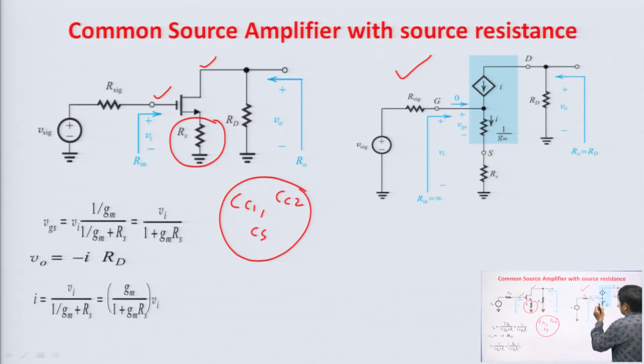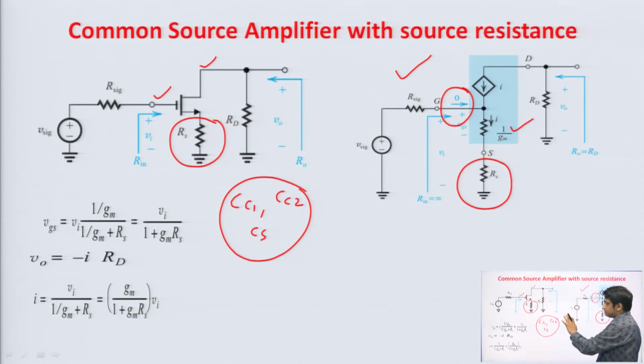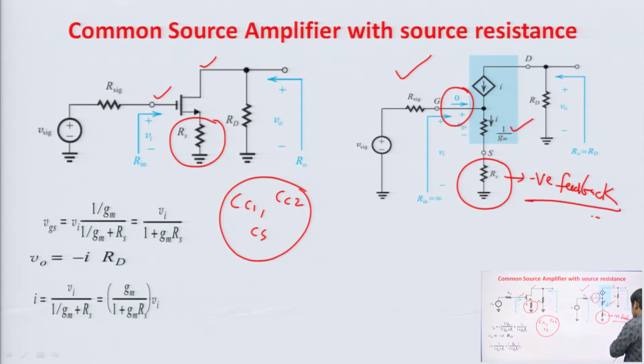Now, you can see that this gate current is 0 and the resistance appearing at the source terminal of the MOSFET is 1 by gm. RS is your external resistor which we have connected externally, and of course, we are considering the discrete circuit case, and the purpose of this RS, we know that it provides negative feedback, I had discussed it in the biasing of MOSFET.